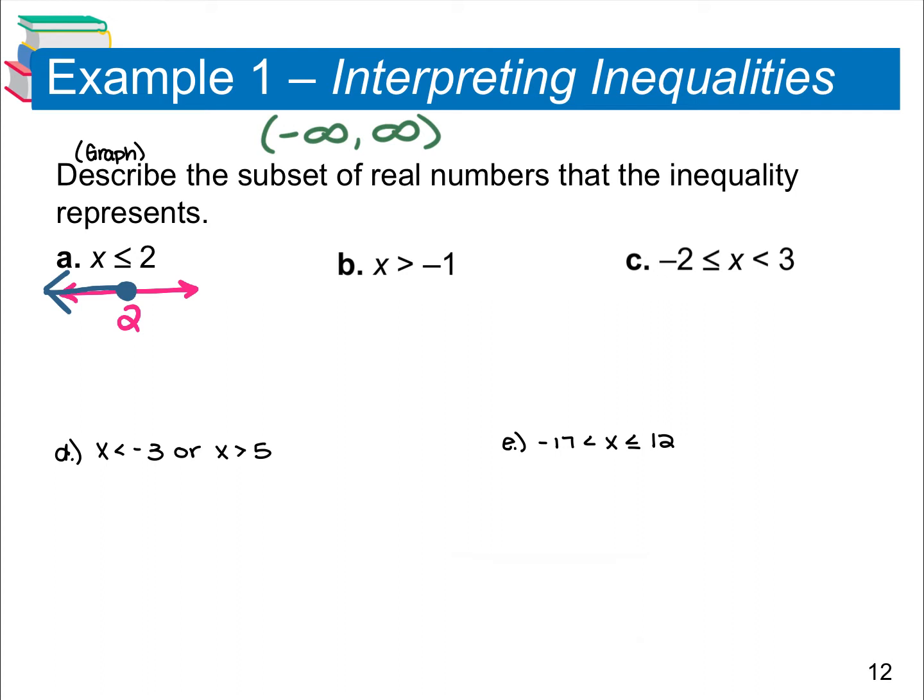So to write the interval notation of x is less than or equal to 2, look at your number line and look at the line that you drew. Your line goes to negative infinity, so the lowest number represented by that line you drew is negative infinity.